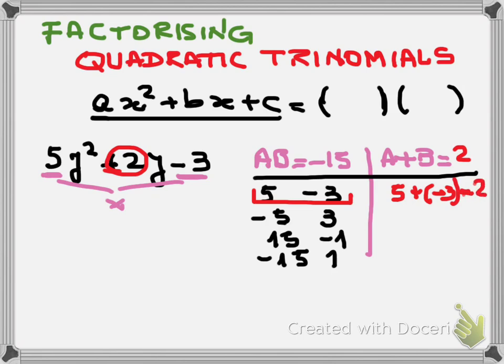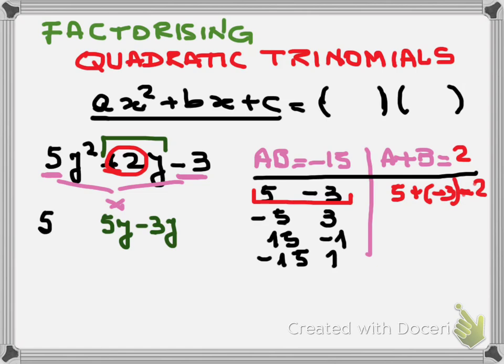Once I have this, what I am going to do is replace the term 2y by 5y minus 3y, and the rest of the trinomial I am going to keep the way it is.